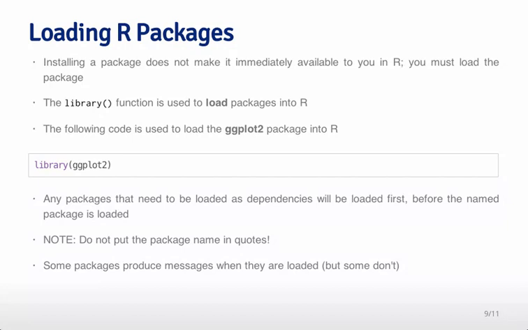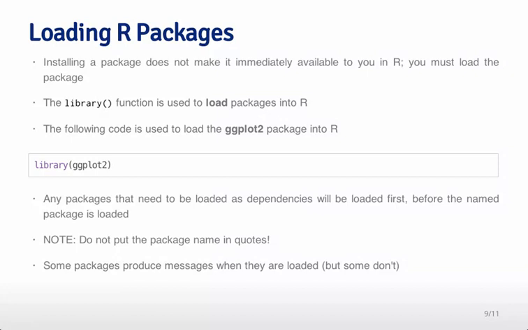You can also load the packages after you've installed them. So if you install it, it doesn't mean that all of the functions are immediately available to you. You need to use the library command to tell R which packages to load in. So for example, if you've installed the ggplot2 library and you want to be able to use the functions in ggplot2, you need to type the command library(ggplot2) to be able to get access to the functions in that package.